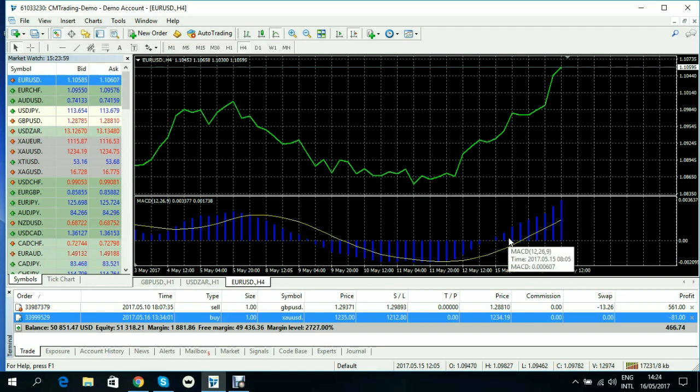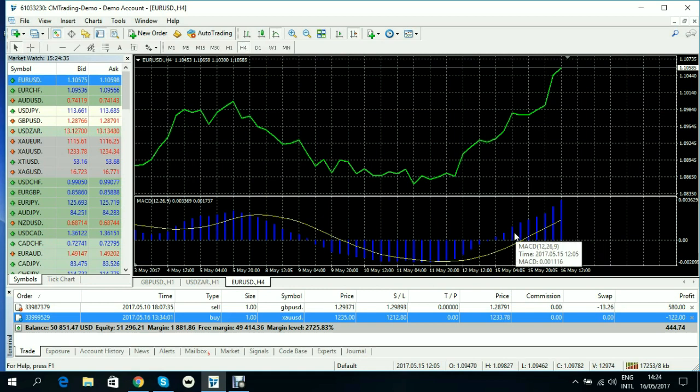This actually depends on the time frame that you may be using, and also on your trading strategy. Then you may go in, that is, you may place a trade for the buy trend. Now, the more the bars continue to increase, like you can see from here, it's increasing.